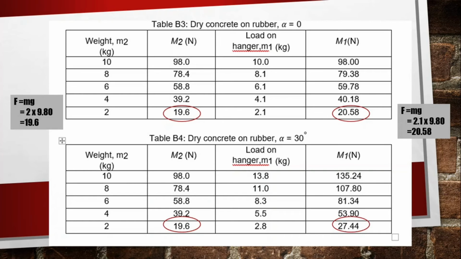And the same with M1, you put M as 2.1 and then times 9.8, and the answer is 20.58. Okay, for table B4, it uses the same formula for M2 and M1.